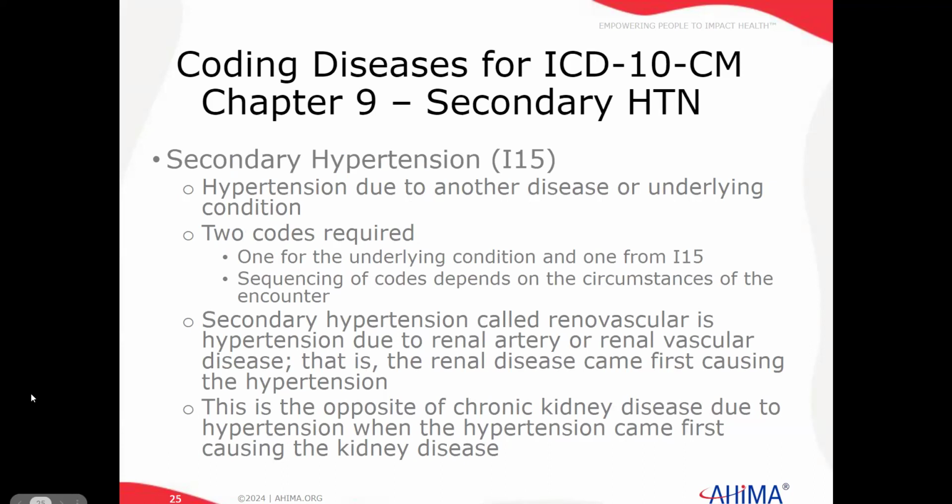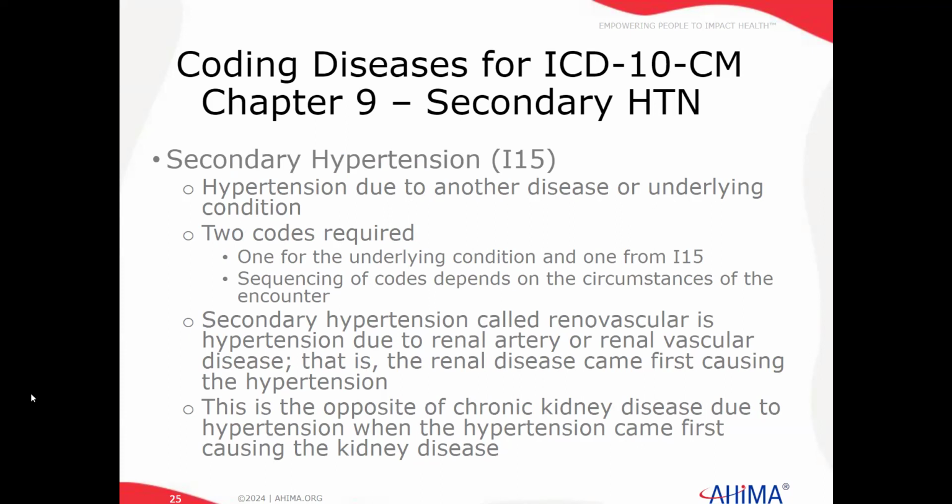We can also have hypertension due to something else, secondary hypertension. And this is hypertension that's due to something else, right? Secondary hypertension, called renovascular, is hypertension due to a renal artery disease.